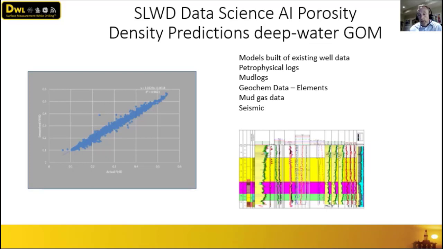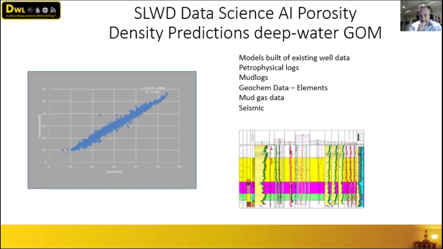So another important part of the technology evolution is utilizing data science, deep learning, machine learning, neural networking to build relationships between existing data sets and predictive data sets.